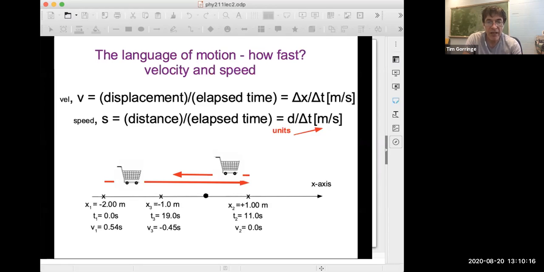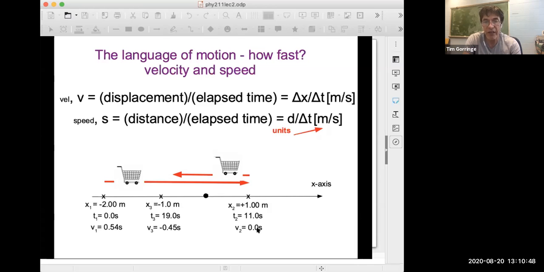Downstairs at the bottom of the slide, I've redrawn the reference frame, the motion of the cart, the initial, intermediate, and final positions and times, but I've also added the speeds at those 3 instants. It started with a speed of plus 0.5 meters. Oh, there's a typo here. This should be meters per second, sorry.